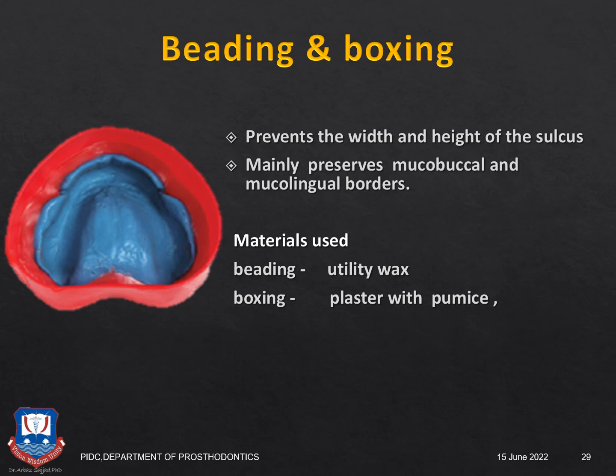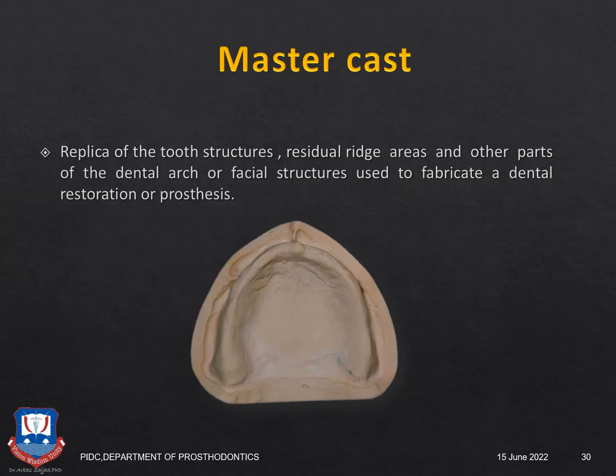So now after the impression has been made, beading and boxing is done using beading wax and modeling wax, and then the impression is poured with a type 3 dental stone. After this, the master cast is obtained. You should have a uniform land area of 3 to 4 mm all around the master cast to call it a good master cast.